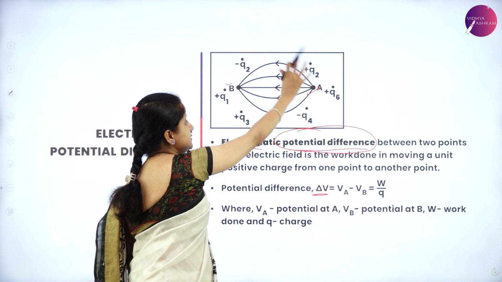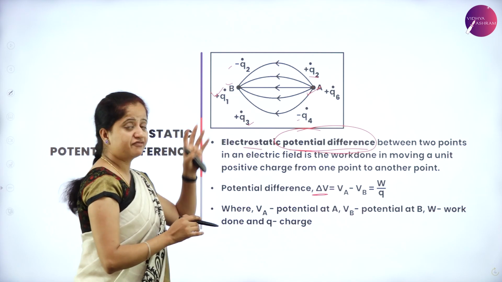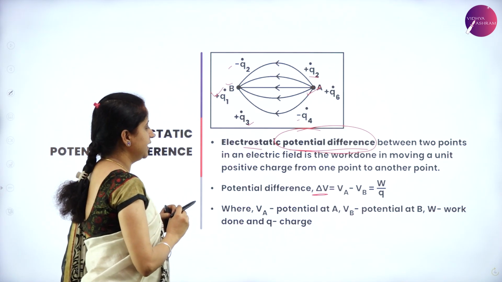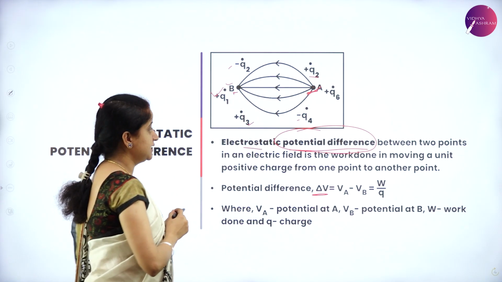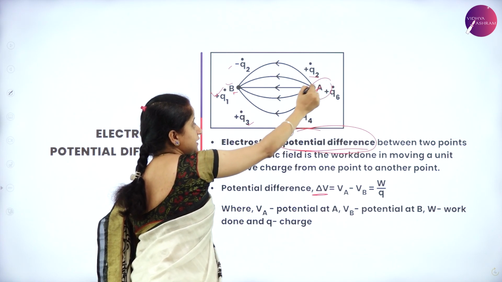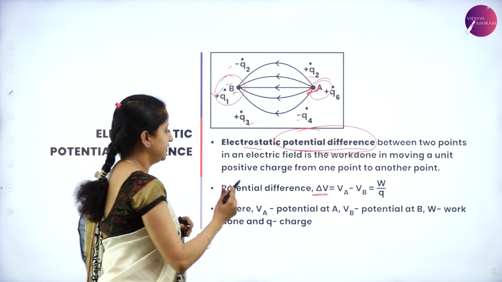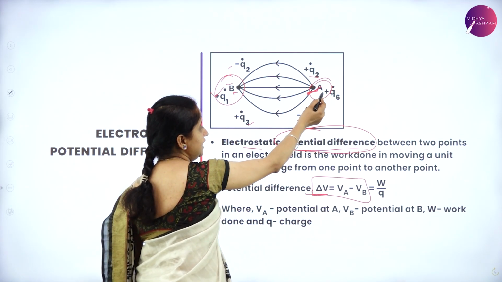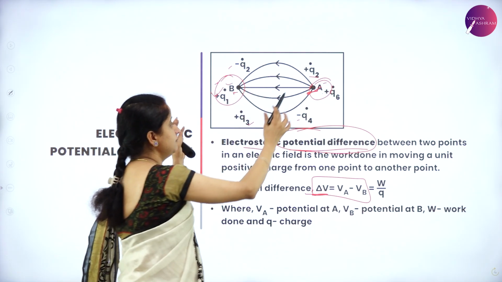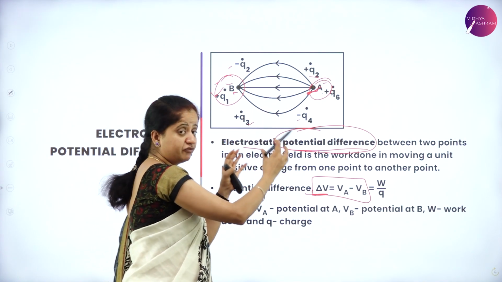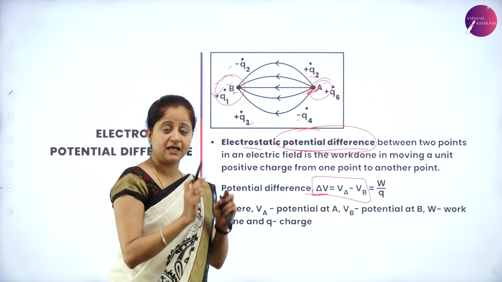Say for example, we have a system of charges Q1, Q2, Q3, Q4, Q5 and Q6 at different points. Now I need to calculate what is the difference between the potential at point A and point B, which means the potential at this point is different and at this point is different. So now to find the potential difference, we can say delta V is equal to VA, the potential at A, minus the potential at B. So if we come to know the amount of work done at point A and the amount of work done at point B, we can easily find the potentials at 2 points.